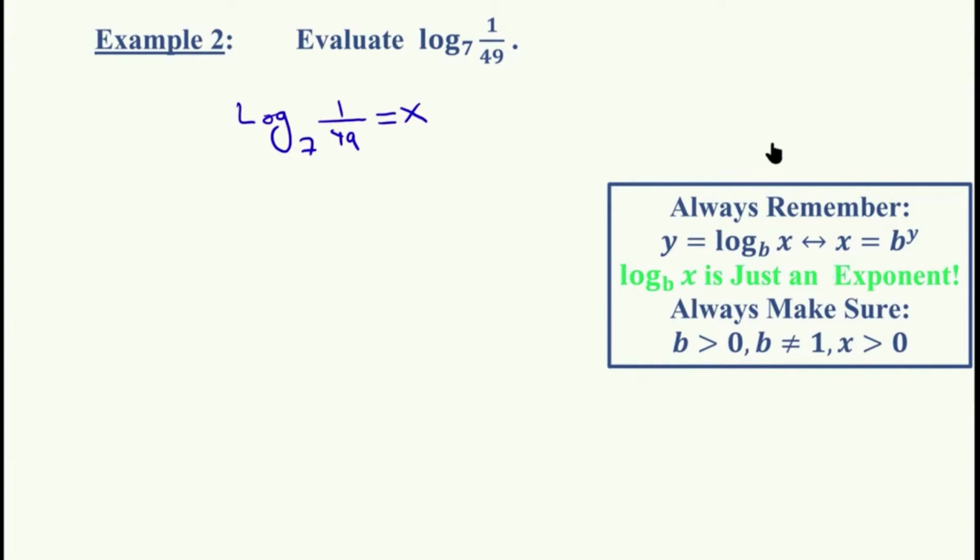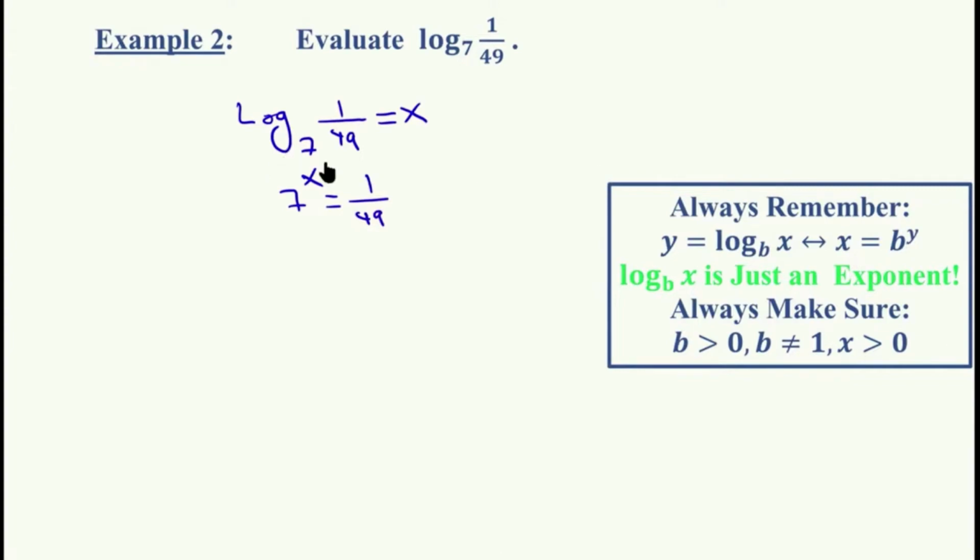So here, notice if we're going to convert this using this relationship that we have between the logarithmic and exponential forms of these two equations, we get 7 to the power of x equals 1 over 49.